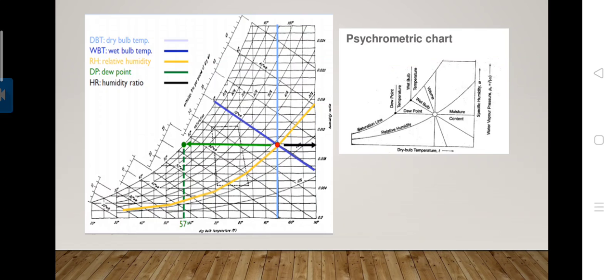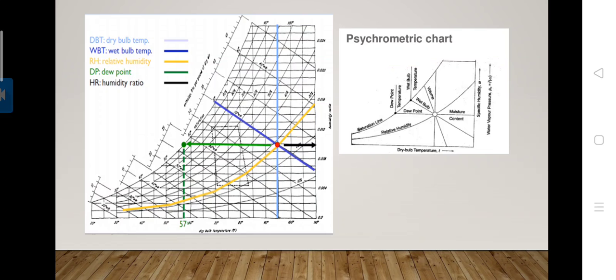The psychrometric chart is the graphical representation of various psychrometric properties of moist air, like dry bulb temperature, wet bulb temperature, dew point temperature, specific humidity, relative humidity, enthalpy, and specific volume.